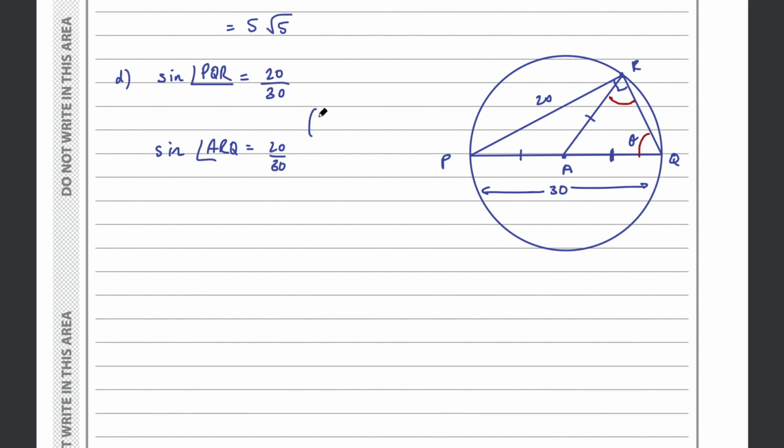And that's because triangle ARQ is isosceles. Then you can solve for angle ARQ by taking the inverse sine. So angle ARQ will equal the inverse sine of 20 on 30.